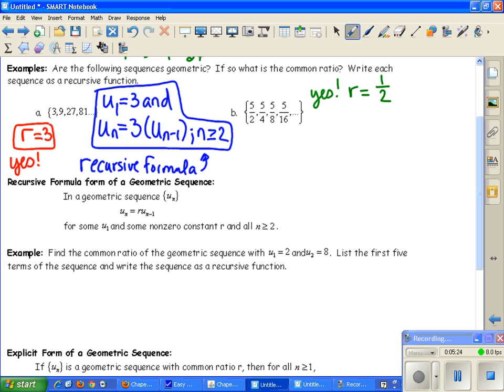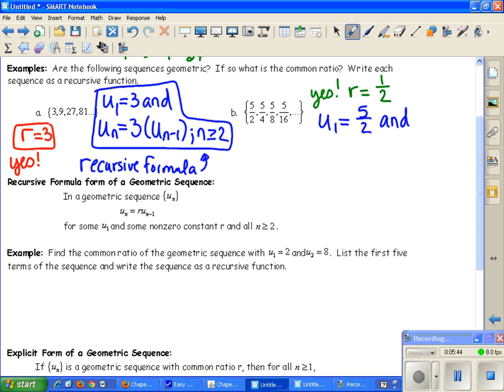So now that I know it's a geometric sequence and the ratio is 1/2, I can write the recursive formula. So how do you do that? You state the first term. So in this case, my first term, u sub 1, would be equal to 5/2 because that's the first term in the sequence.